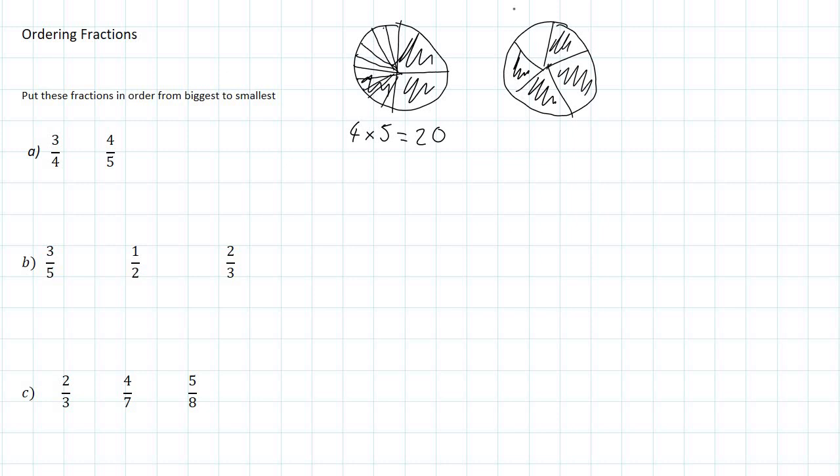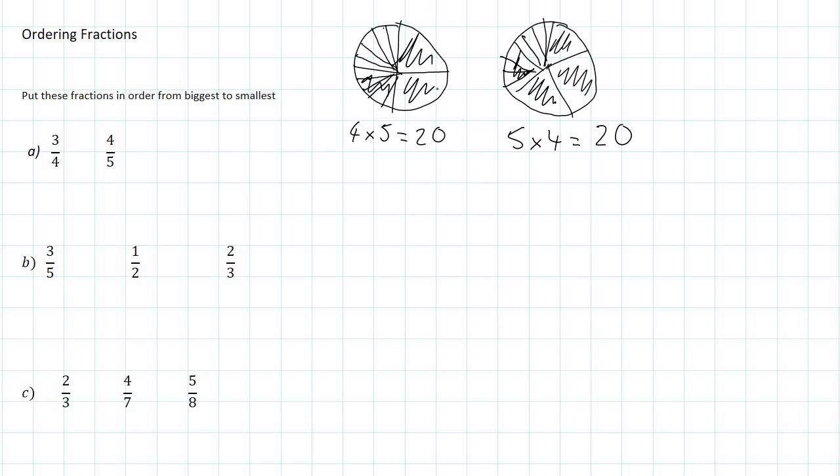Okay? And now over here, I'm going to split each of these 5 pieces into 4. Okay? And then I'm going to have, I started with 5 slices, but it's like I'm multiplying it by 4. Each one's getting 4 times more slices in it. So if I carried that on for the whole shape, I would have them both out of 20.